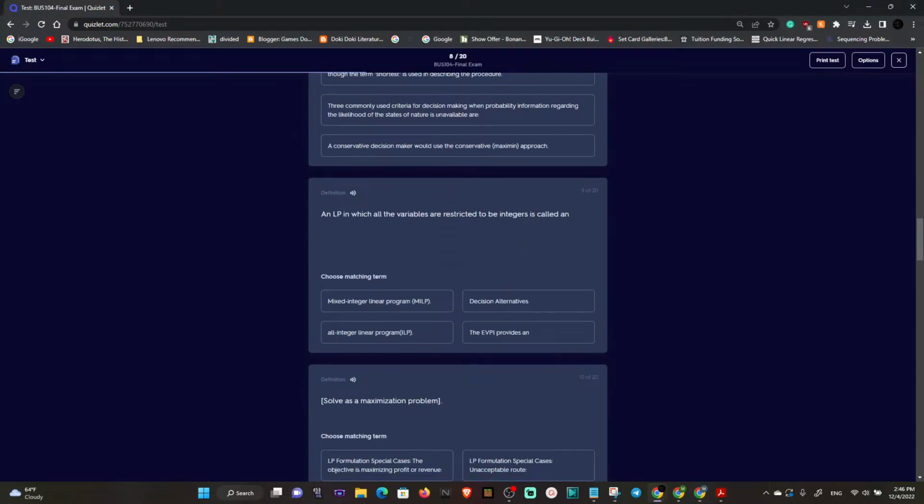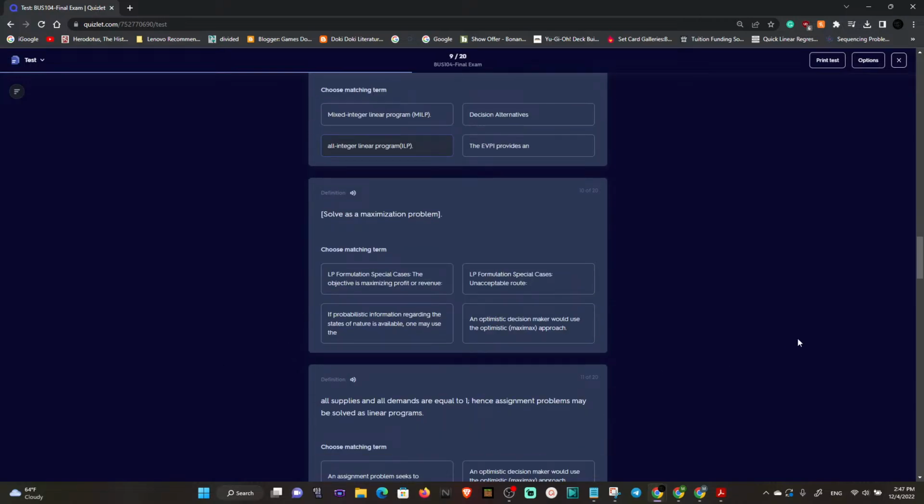An LP in which all variables are treated as integers is called an all integer linear programming. Solve as a maximization problem. What do you think it is?